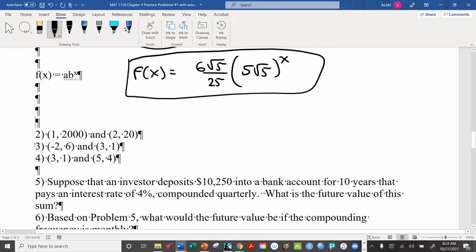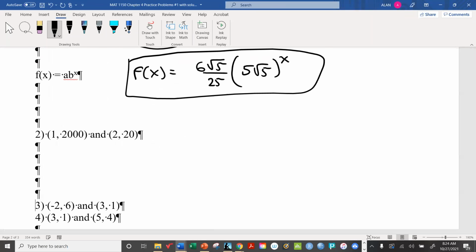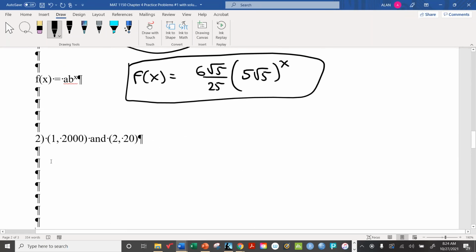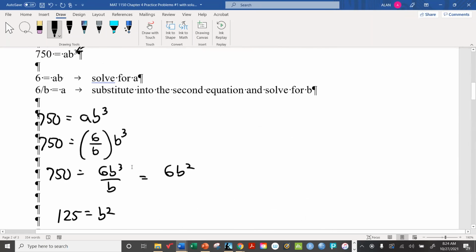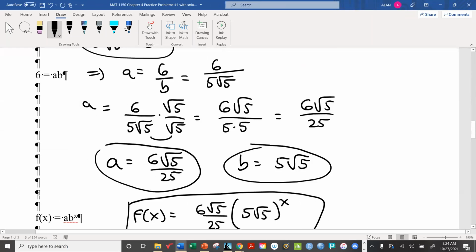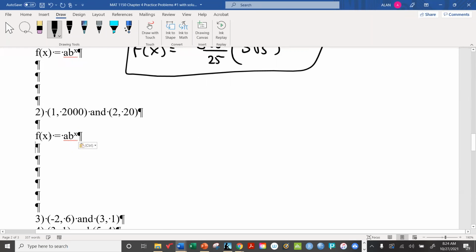Okay, so let's do that again. Let's see, so you get the 2 points. So just remember what these mean. So let's copy this. Should always have that in front of us.